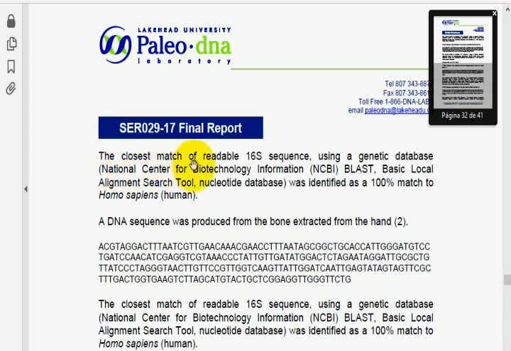The closest match of readable 16S sequence was identified as a 100% match to Homo sapiens human. With this information, Maria is Homo sapiens human, and this is the final report made by a very good quality university, the best of the best.